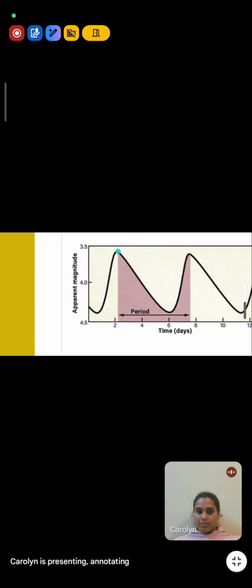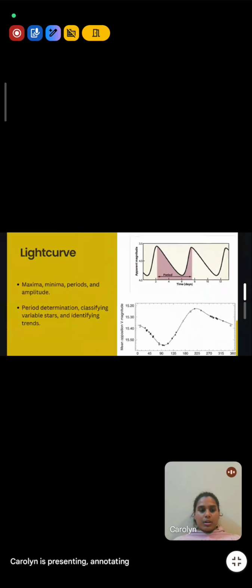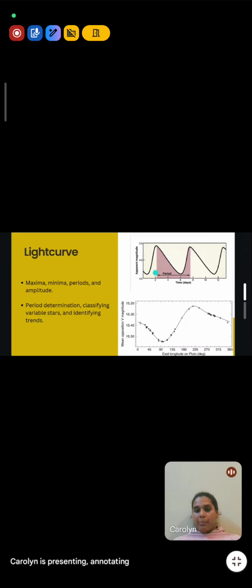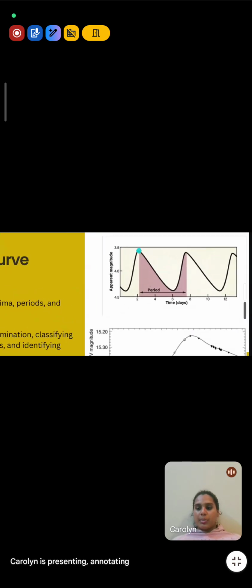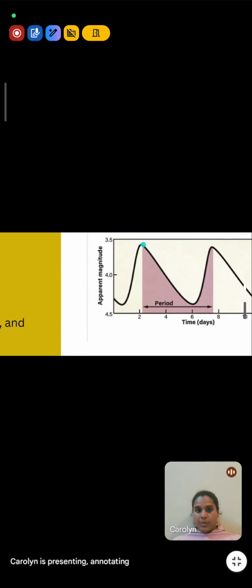Period is the distance traveling from one maxima to another maxima, or from one minima to another minima. Amplitude is this height up to where your maxima goes. Maxima is also called a brightness peak, up to what peak your brightness will go.